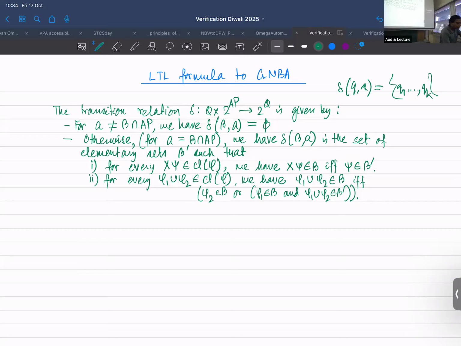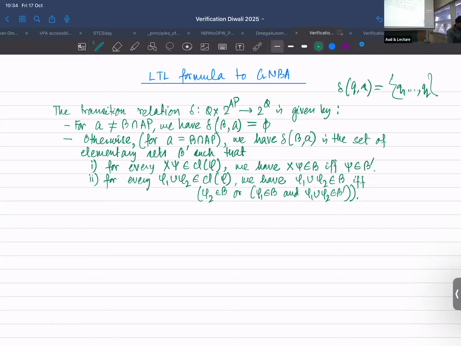Each of them, you recall, is an elementary set. Now if a is not the same as the set of atomic propositions that beta has, that is, beta intersection, then delta of beta comma a is empty. You don't have any such transition.